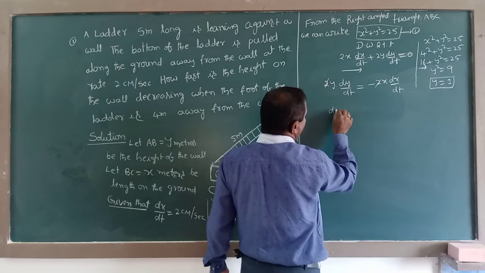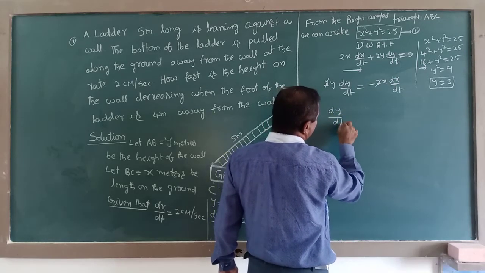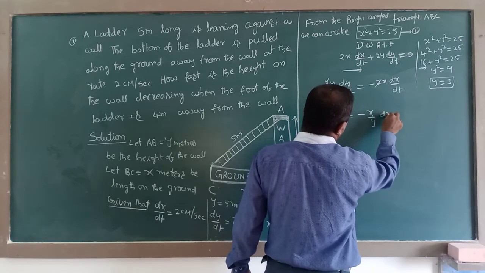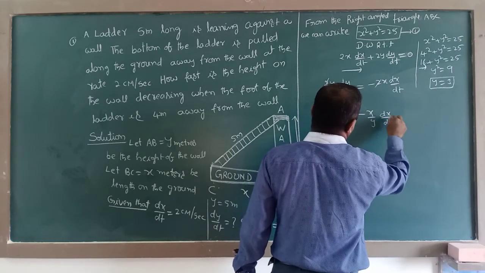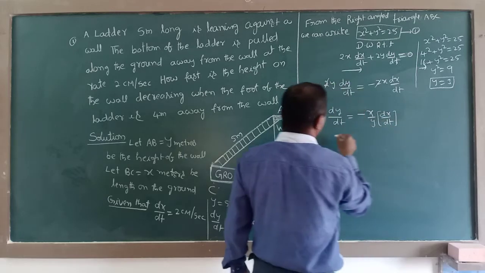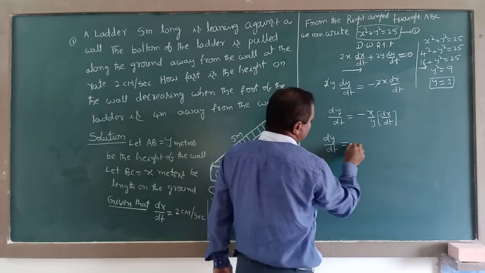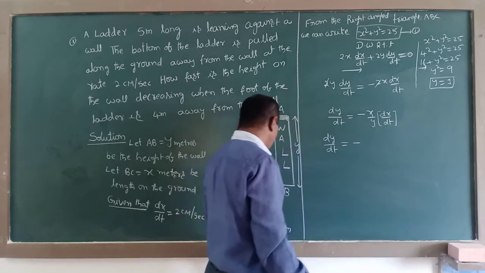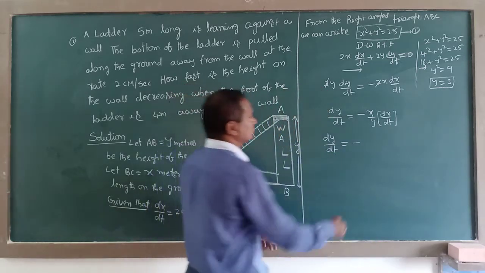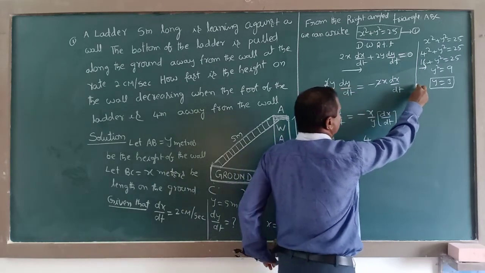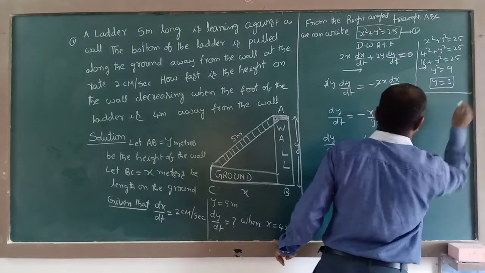At the same time dy by dt is equal to minus x by y into dx by dt here. dy by dt is equal to minus, x value we have here 4, y value we got in rough side here 3.